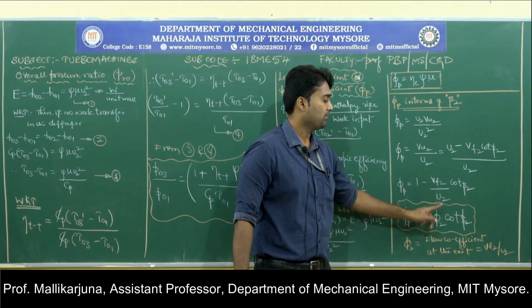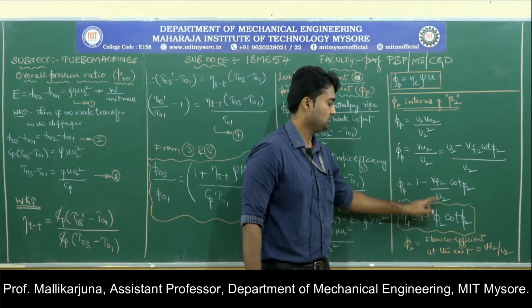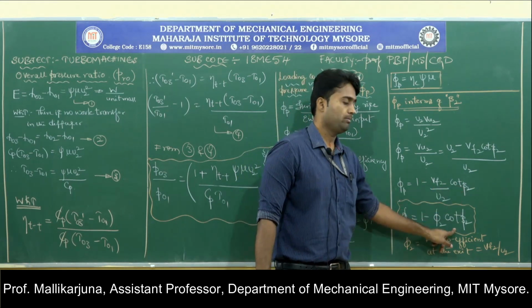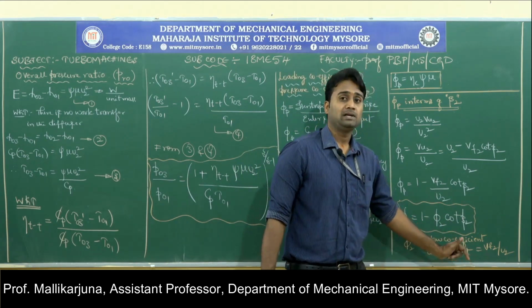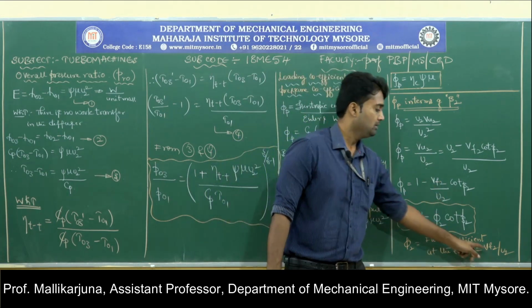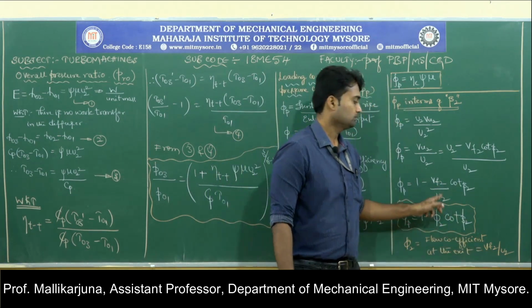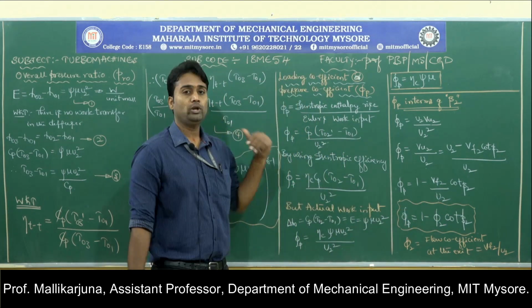Vf2 divided by U2 can be written as phi 2. So phi p equals 1 minus phi 2 times cot beta 2, where phi 2 is the flow coefficient at the exit, and its value is Vf2 by U2. So this is another form of pressure coefficient or loading coefficient.